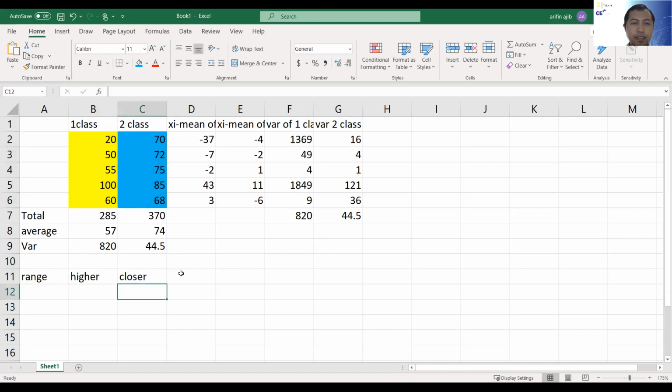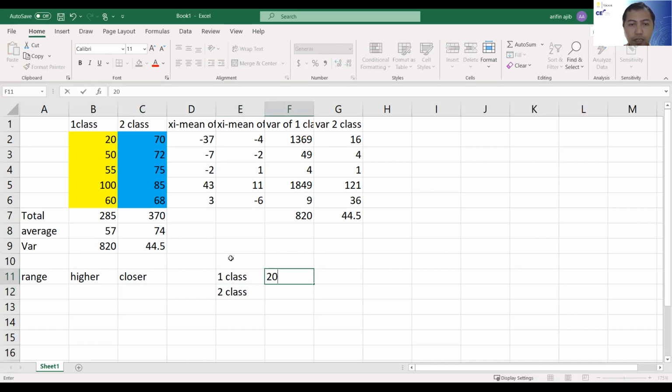It means that the data, let me draw. This is the first class, and this is the second class.